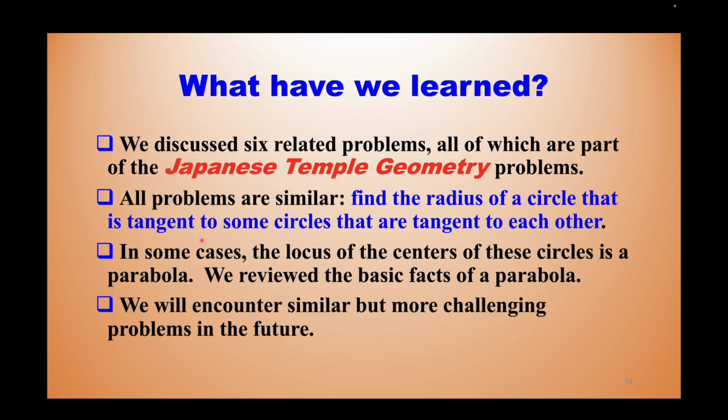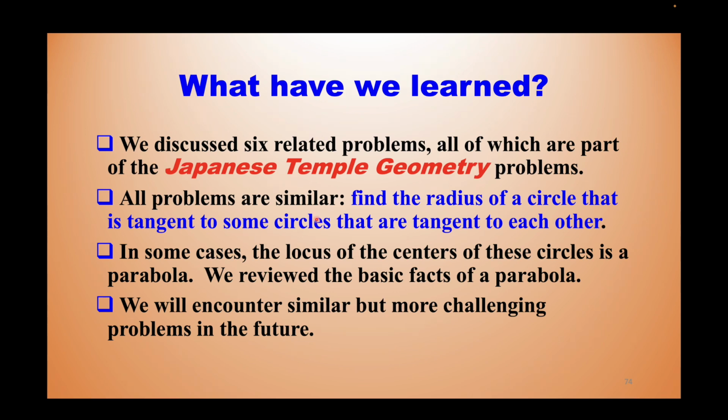So what we have learned, we discussed 6 related problems, all of which are part of the Japanese Sangaku geometry problems. The 7th is the converse of the 5th, which is not discussed in the set of Japanese Sangaku geometry problems. All problems are similar.